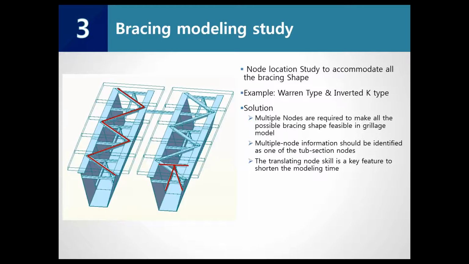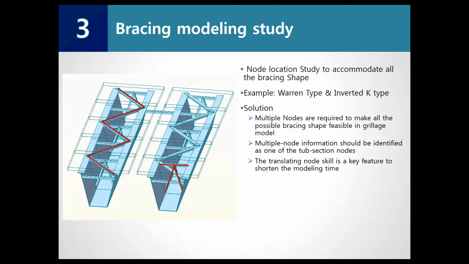So you need to connect them through the elastic rigid link. I will cover how to connect the nodes through the elastic rigid link. Also, the translate node skill is a key feature to shorten the modeling time.